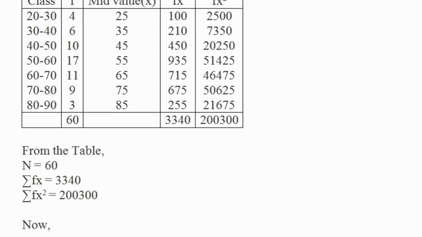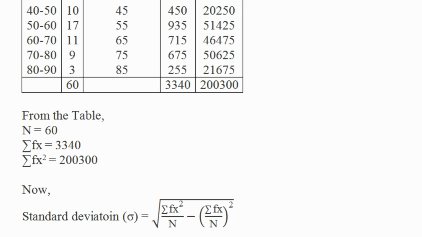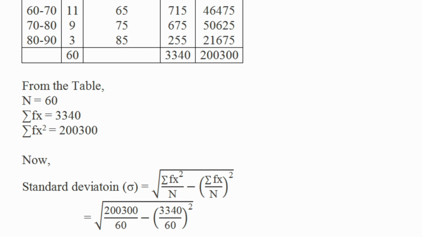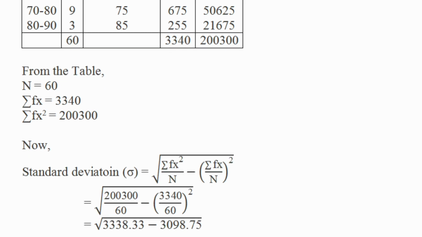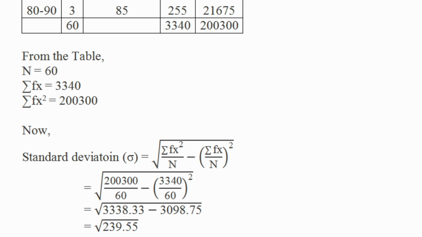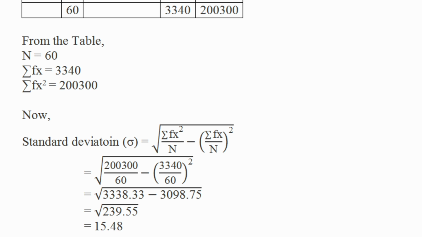Now, by the formula, standard deviation sigma equals the square root of summation of fx square divided by n minus summation of fx divided by n whole square, equals the square root of 200,300 divided by 60 minus 3340 divided by 60 whole square, equals the square root of 3,338.33 minus 3,098.75, equals the square root of 239.55, equals 15.48.